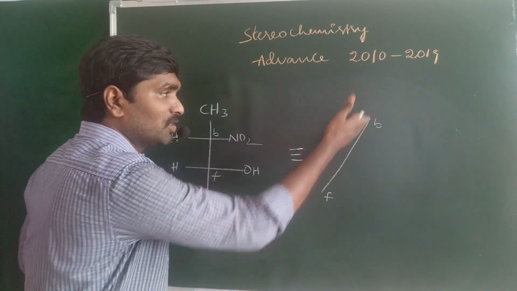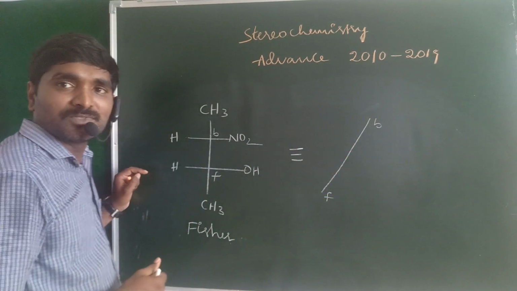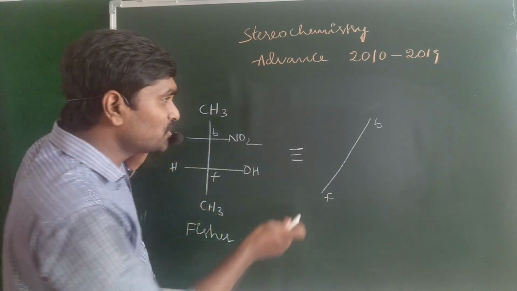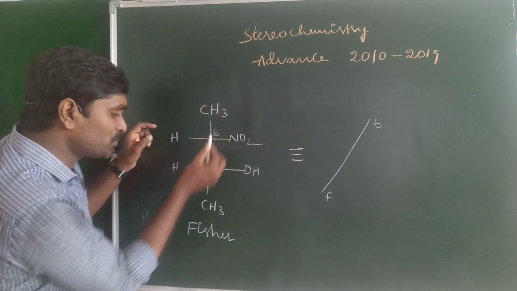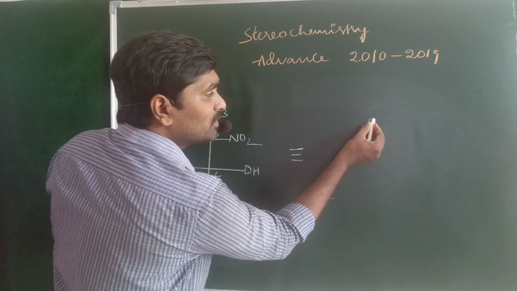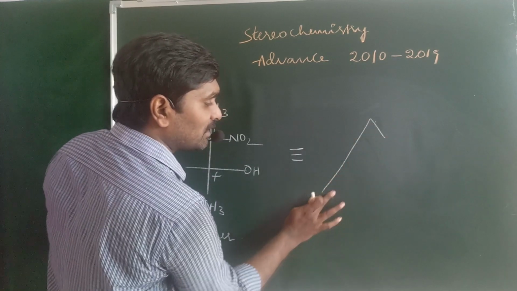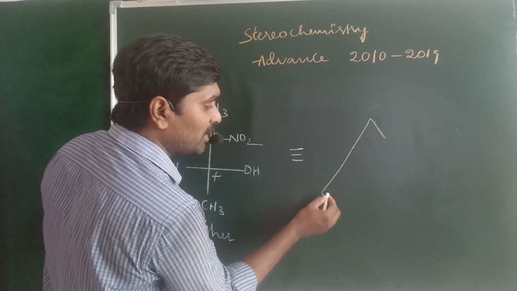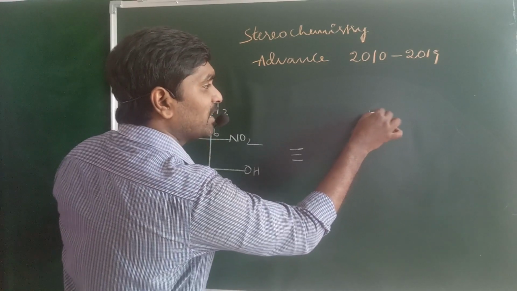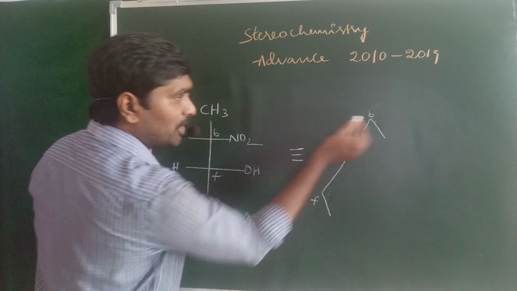First you should write the eclipsed conformation. In eclipsed conformation, the groups present on the vertical line, CH3, are both parallel to each other, front carbon and backside carbon.